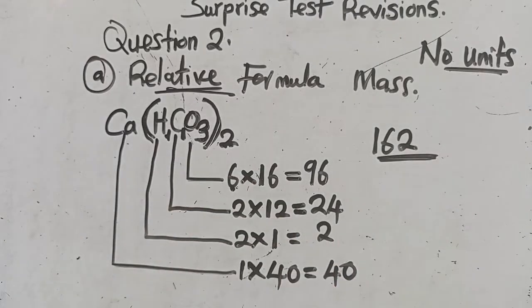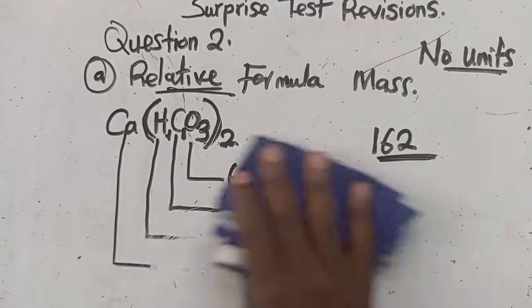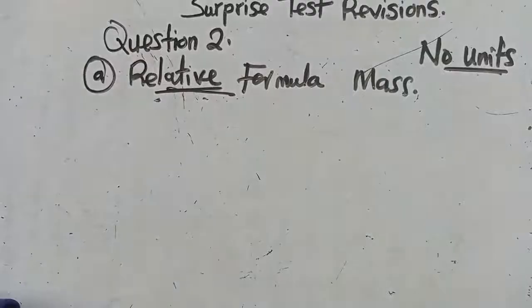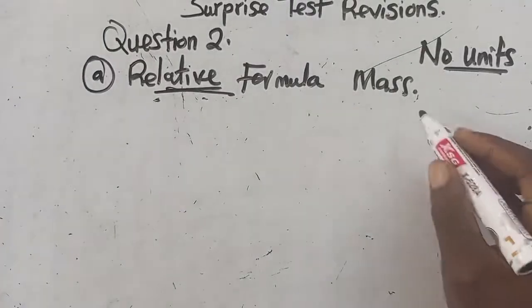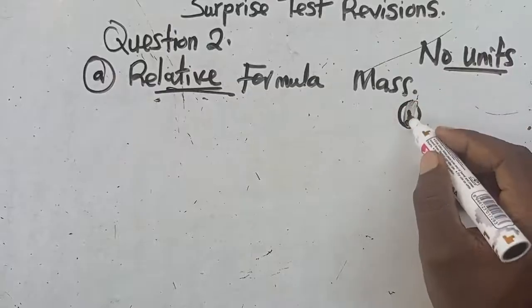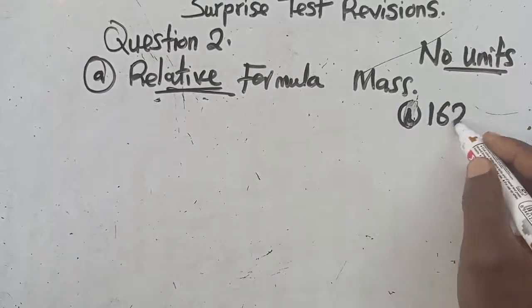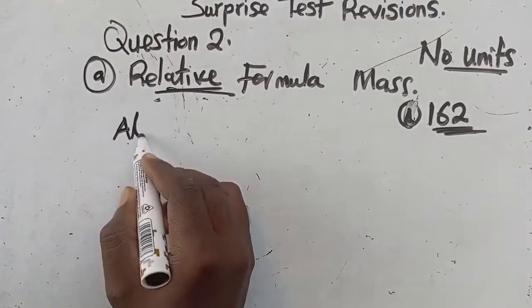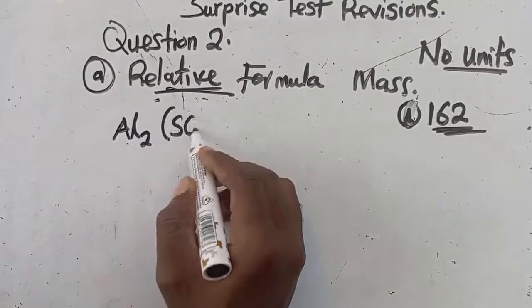This is the reason why where there is 1, I'm not showing it. Hope you've observed that. So part 1, we say the answer is 162. We now go to aluminium sulfate.